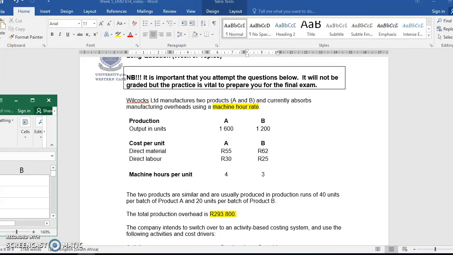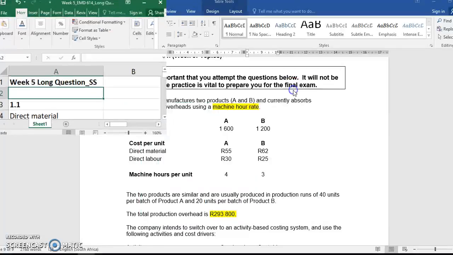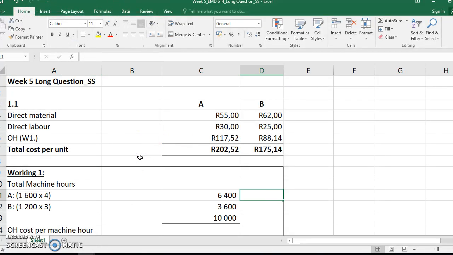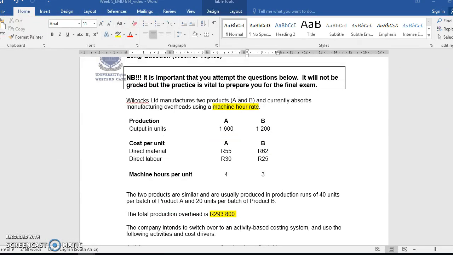As per the solution, that gives you total machine hours of 6,400 for product A, 1,600 times 4, and 3,600 for product B. So in total, that's 10,000 machine hours.